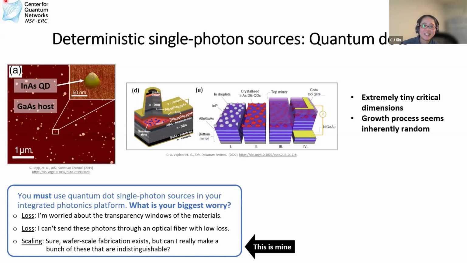One of the things that people are trying to do is wavelength conversion using second order nonlinear optics effects, or third order, but mostly second order, to convert these photons down to 1550.